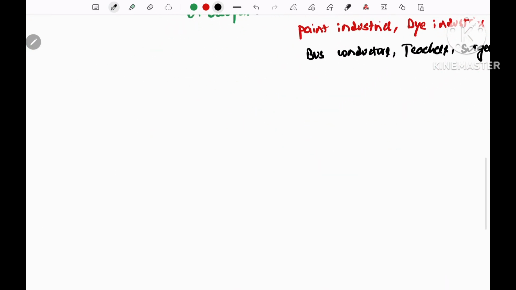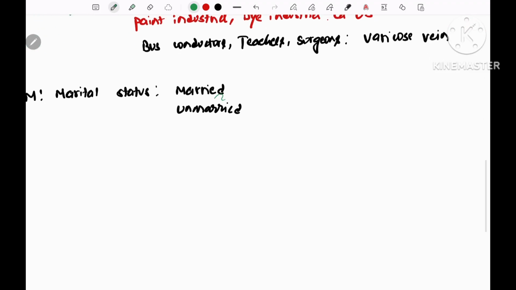Now the second last one is M. So M is for marital status, that is, either the patient is married or unmarried. Why is this important? Because if the patient is married, she has a partner, due to which there can be more chance of regular medication, more care, and less stress of work.